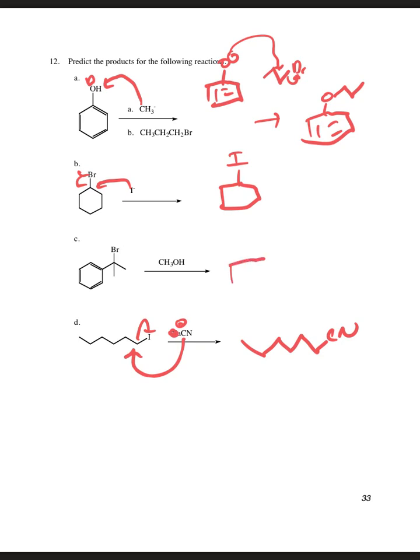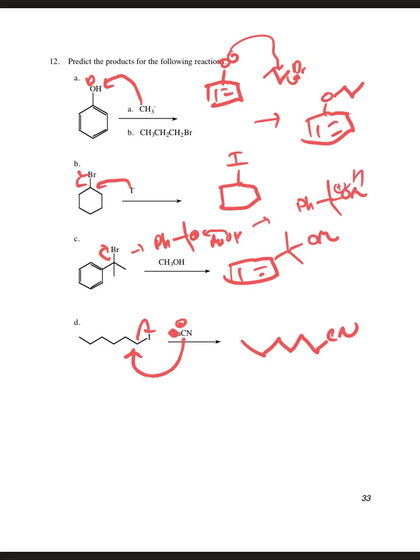And then the middle one here is going to be the ether, where the leaving group leaves, forming the cation. Methanol adds to it, forming the protonated ether. And then take off the extra hydrogen to get us to our product.